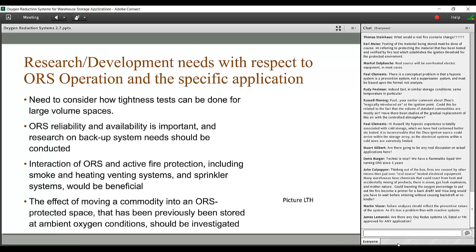It's similar to other types of systems. If other active fire protections like smoke and heat venting or sprinkler systems are used, how is the interaction? That would be beneficial. Is there a need for this combination, in order to see that there is a backup?